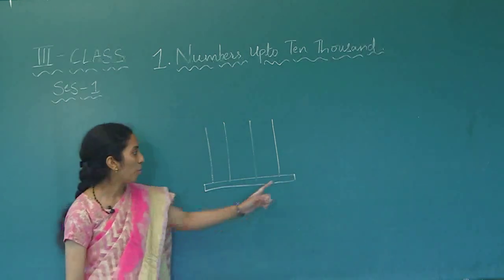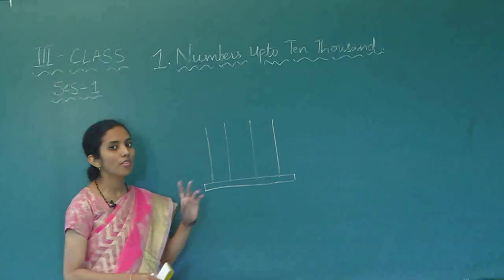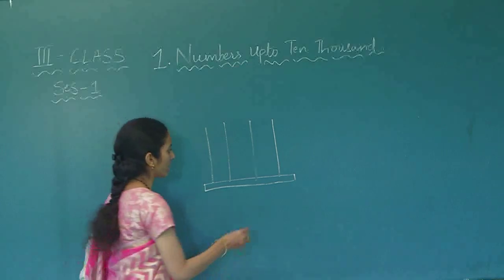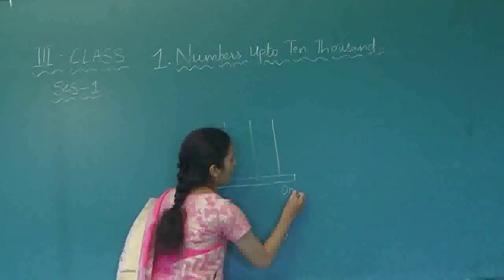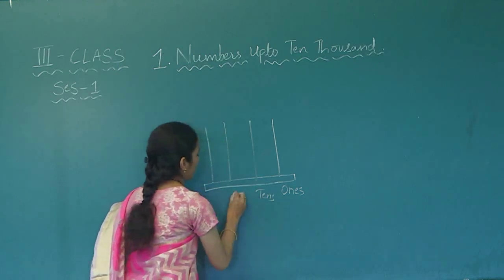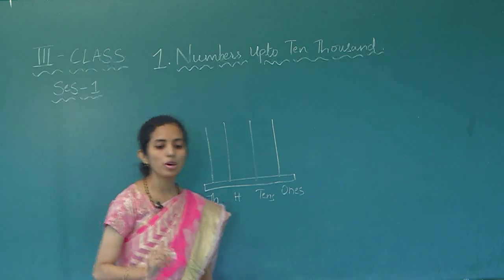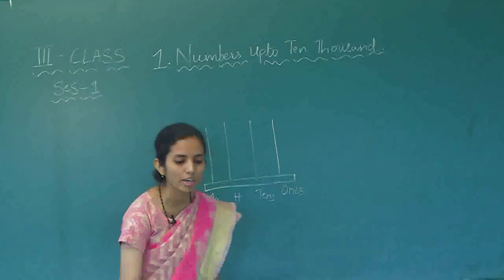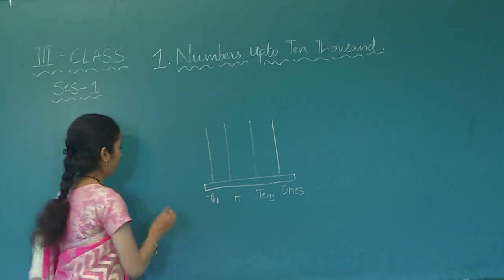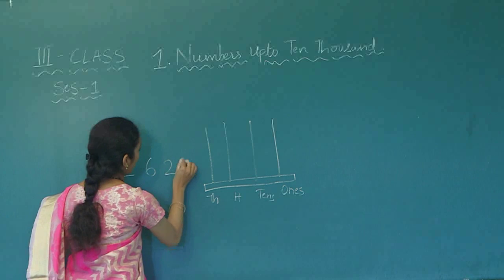So here why did I take 4 spikes? I took 4 spikes because we are writing thousands numbers and thousands are in 4 digits. So let us write place values: ones, tens, hundreds, thousands. So what is the first number he has given? 2625.